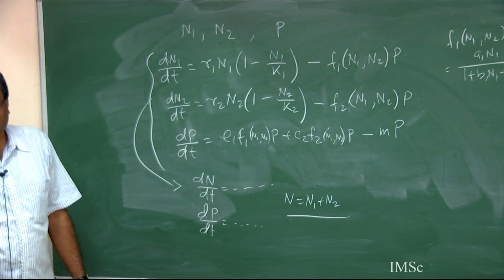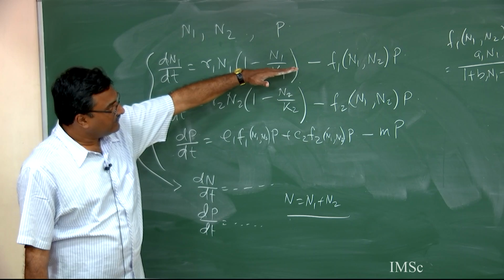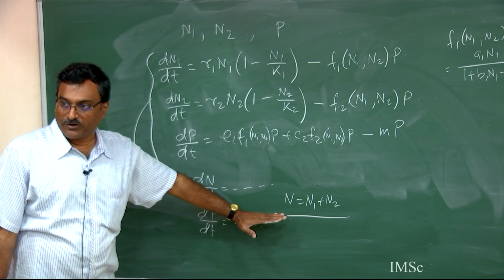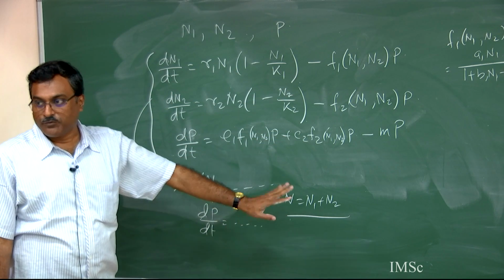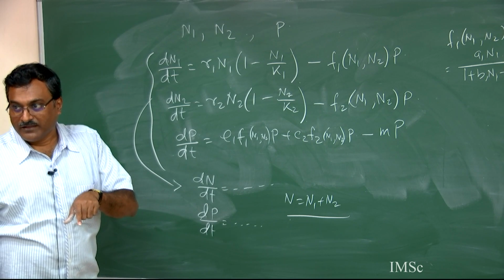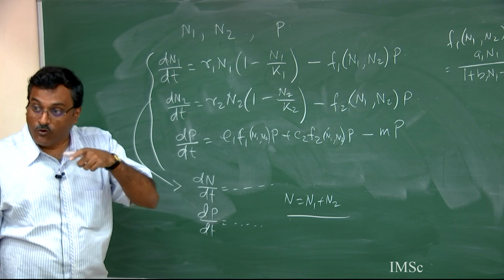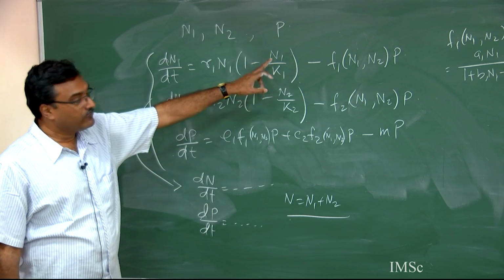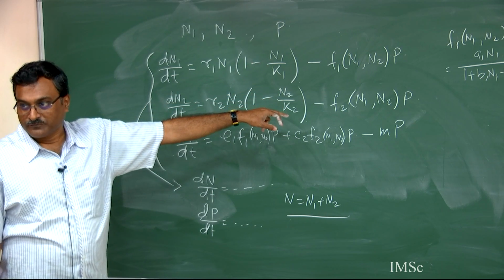Right. Now from this stage, if you want to derive this kind of model, it is impossible. You can do it if you introduce one more modification into this modeling approach. What is the modification?